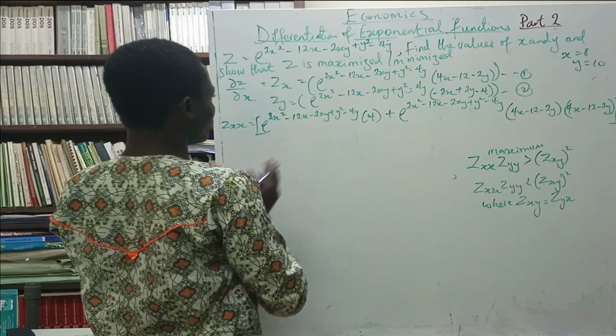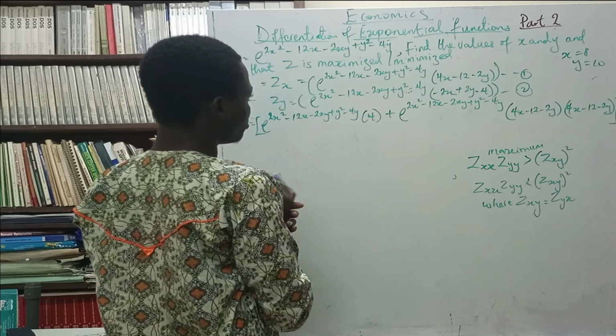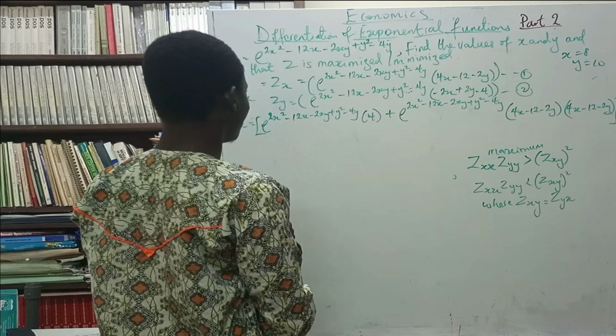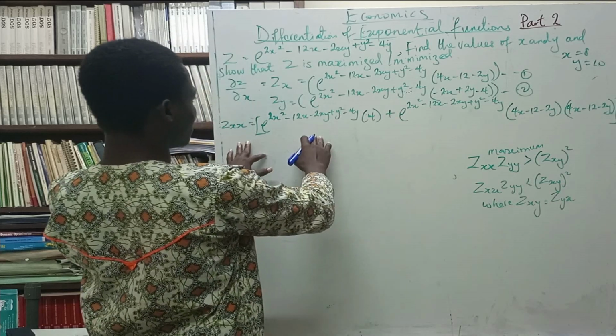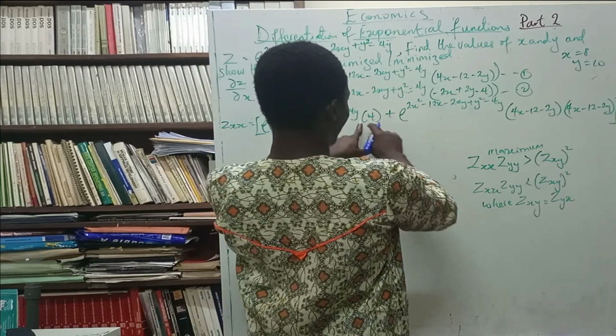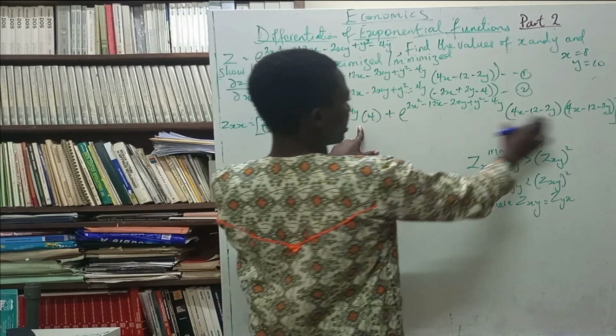Okay, so we can simplify. This is the same as this, right? So you can just take this guy and this other guy.